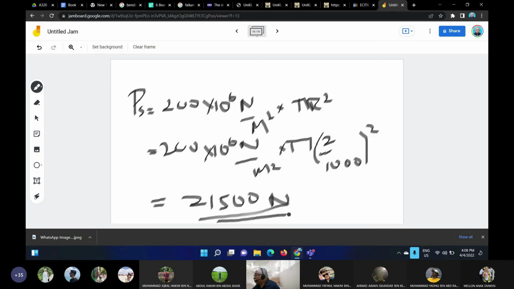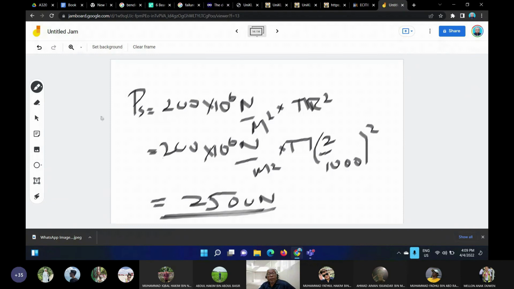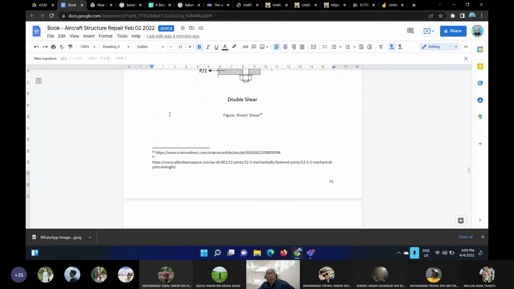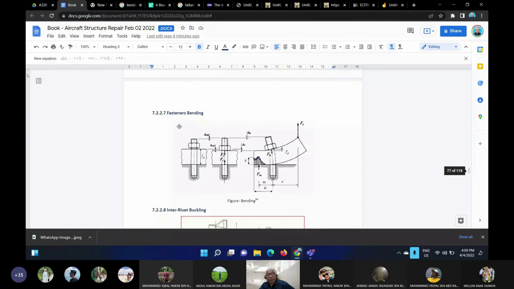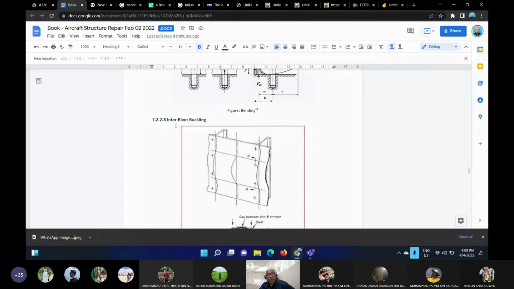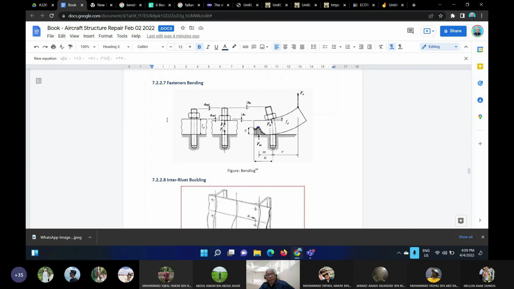Sorry, 2500 Newton. Higher than this, the fastener will shear off. And then next, no problem here, and we'll go to bending.